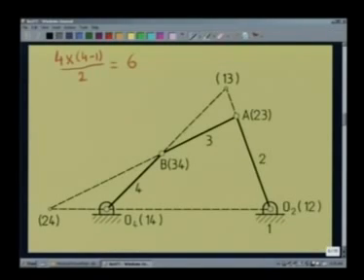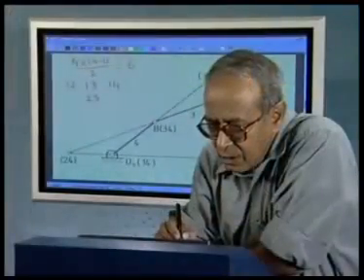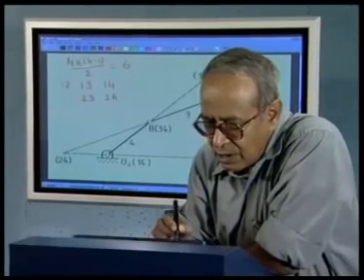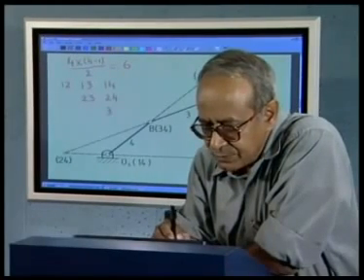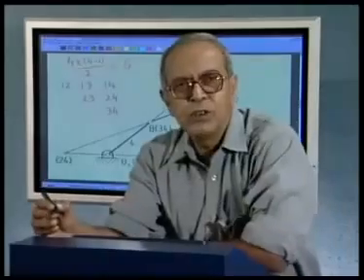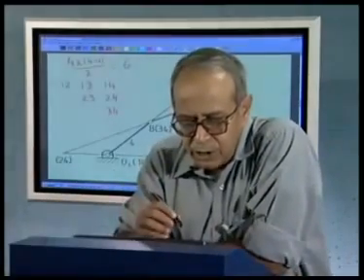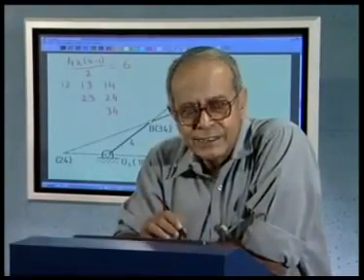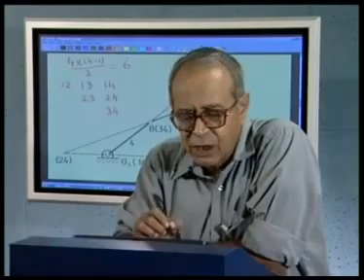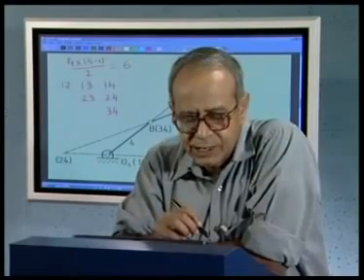They are 1,2; 1,3; 1,4; 2,3; 2,4; and 3,4. So our first task is to locate all these 6 relative instantaneous centers of this 4-link mechanism.